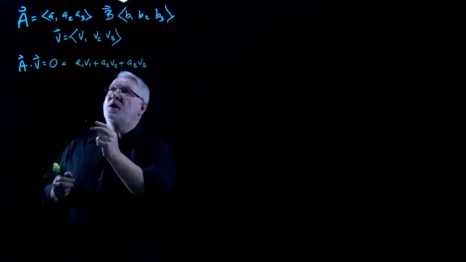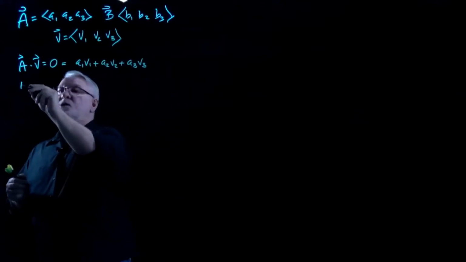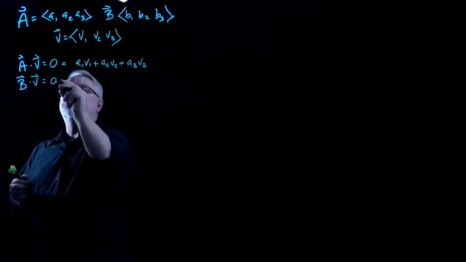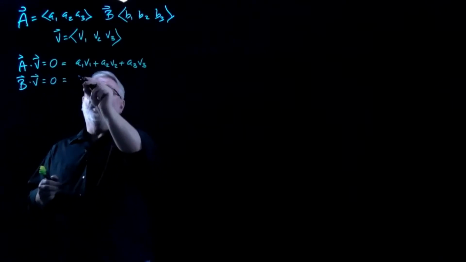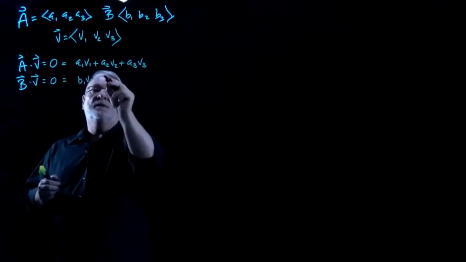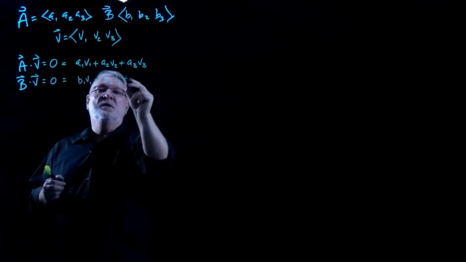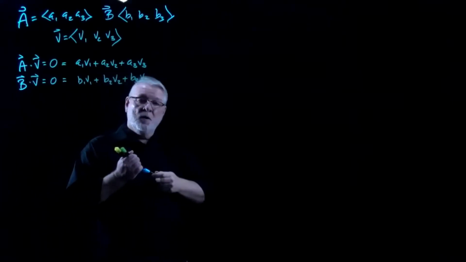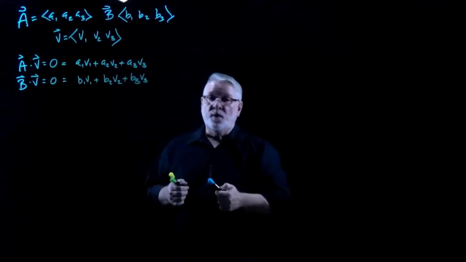Correspondingly, I want V to also be perpendicular to B. So we need to evaluate this dot product as well, B dot V, and set it equal to 0. And this dot product is B1 V1 plus B2 V2 plus B3 V3. Well, as you can see, we're going to run into an issue right off the bat.